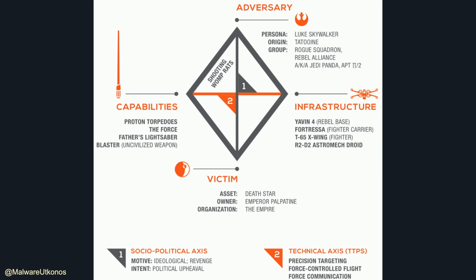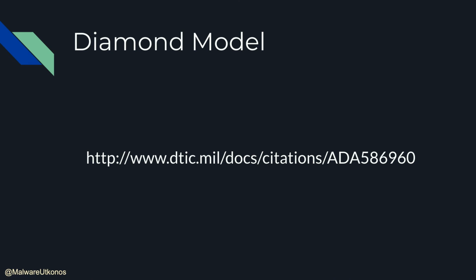We applied the diamond model to Star Wars, and believe me, this was a knockdown, drag-out argument in the office as to where particular things fit into the diamond model. This is the link to the original diamond model paper. Go take a look and read it. It's a very valuable methodology.